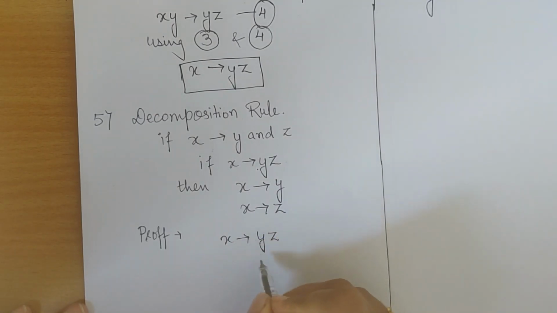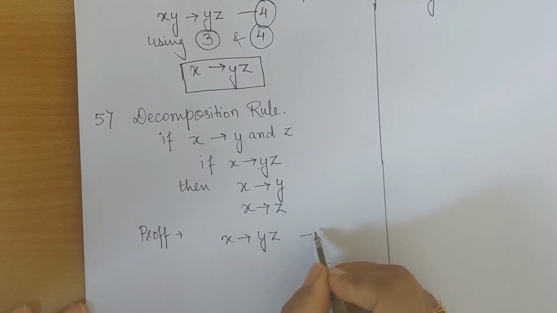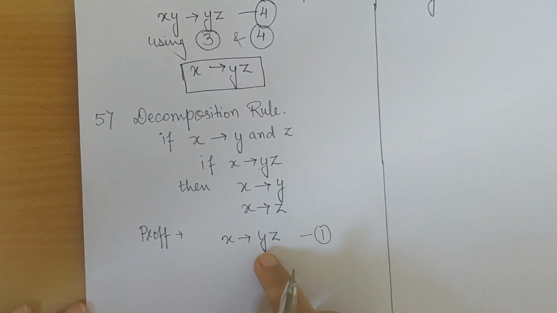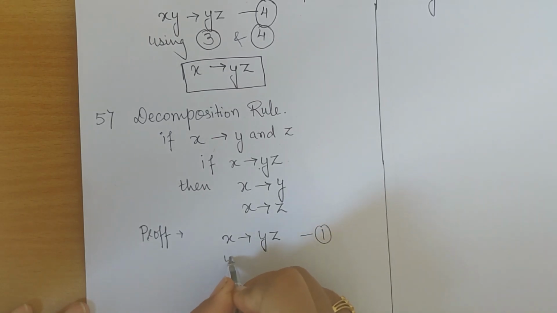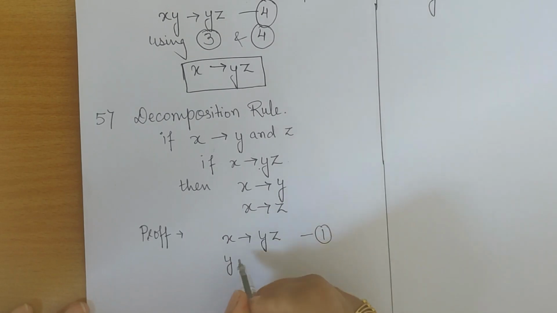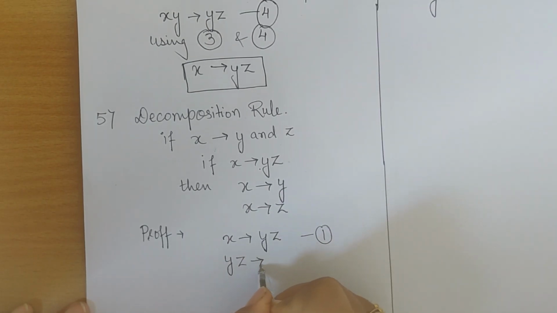I am taking this expression as expression 1. What we are proving is that Y is a subset of YZ, right? So if Y is a subset of YZ, can I write that YZ will determine Y?